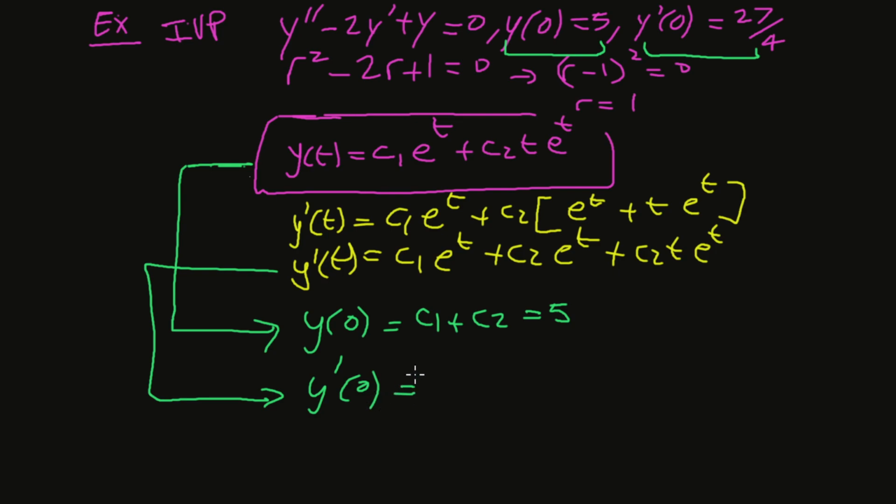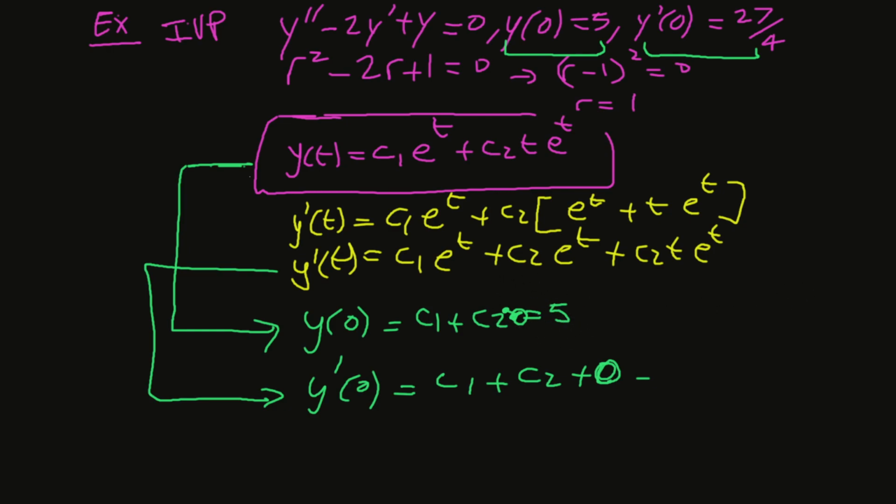And y prime of 0 will equal to c1 plus c2 plus 0 because t will pick up 0 there. And actually here we'll also, I should write it. I wanted to write it so it's clear. And I didn't write 0. But here it is. So that's what happens in repeated roots.